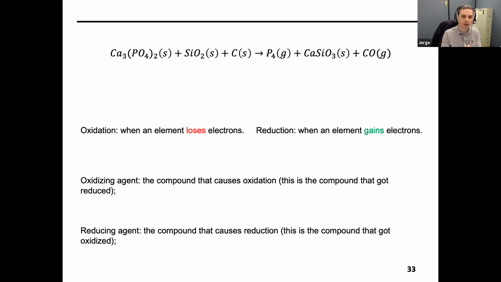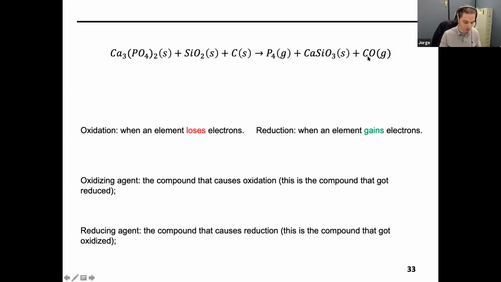Okay, so what I want from you is to determine the oxidation numbers of all the elements here in the equation. So for example, for the first compound, I need you to determine the oxidation number of calcium, phosphorus, and oxygen. For the second compound, silicon and oxygen, and so on until carbon monoxide.